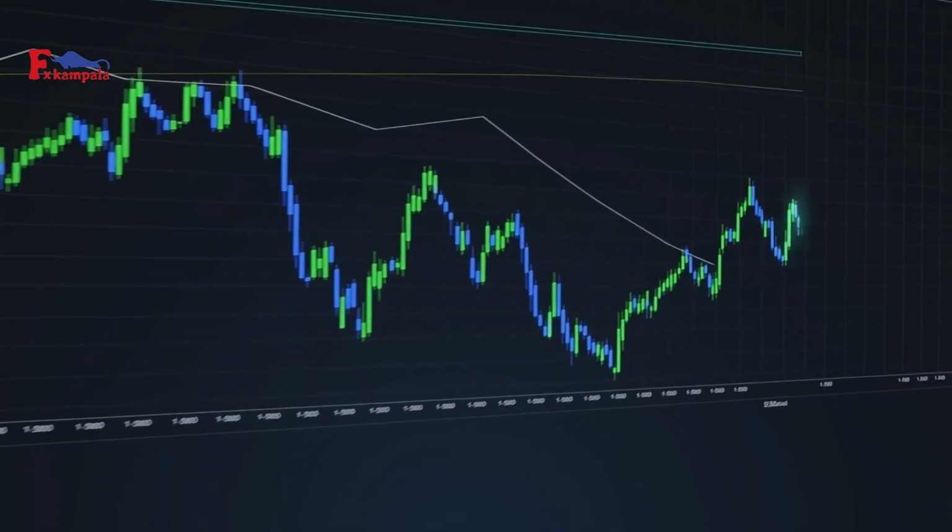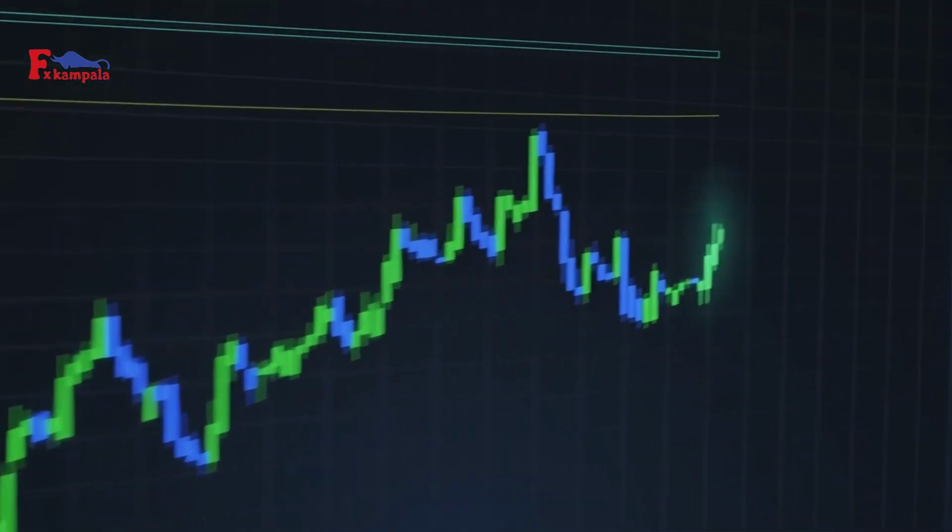And for those of you that don't know what time frame is, in simple terms, the market charts generally have candlesticks. However, we have different chart types such as line graphs, bar graphs, and candlesticks. But when we talk of time frame, we're looking at the duration an individual candle takes to open and close.